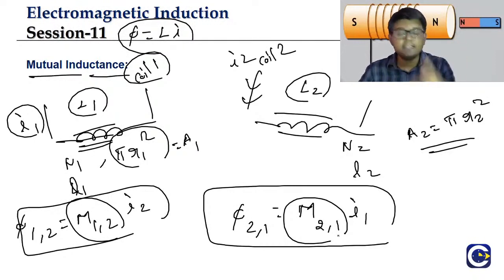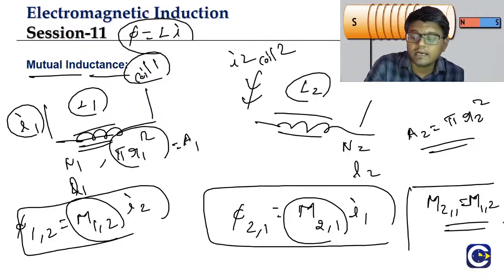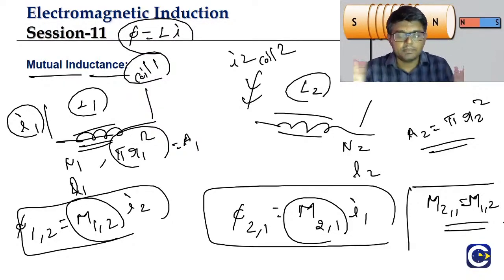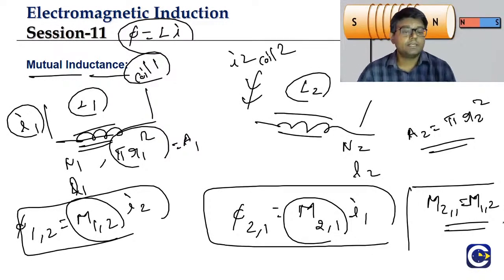We will in fact see that these two will be equal. Once we do the derivation, we will see that the M2,1 value will be numerically equal to M1,2. We are going to do this derivation by taking an example. But this is the concept of mutual inductance. What is mutual inductance? We are seeing how the current in one coil will create a flux in the second coil.